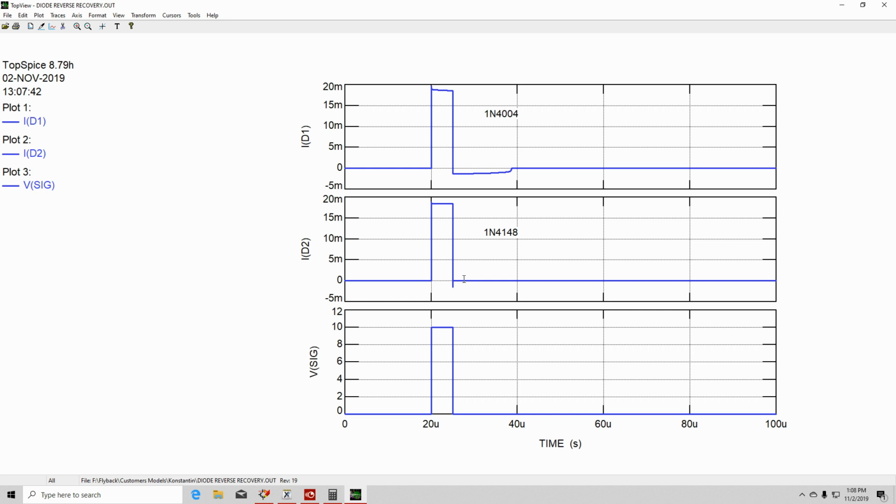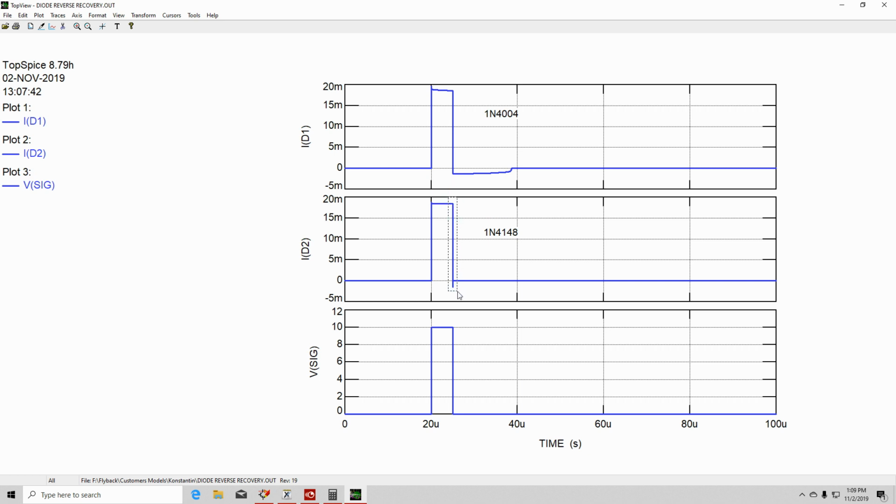Okay, and if you notice, it looks like it doesn't have the reverse recovery. Okay, it goes 0, goes up to about 18, and then it goes down, and then it doesn't have this storage time. But in reality, it does have. You notice right there, there's a little tip there. Okay, a little tip.